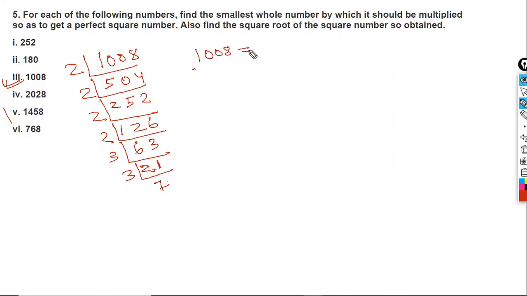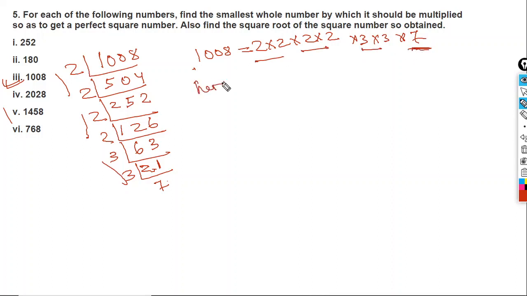Okay, this much. So we can write 1008 will be equal to 2 into 2 into 2 into 2, then 3 into 3 into 7. So we need another 7. 7 is not in pair. 2s are in pairs, 3 is a pair, 7 is not in pair.